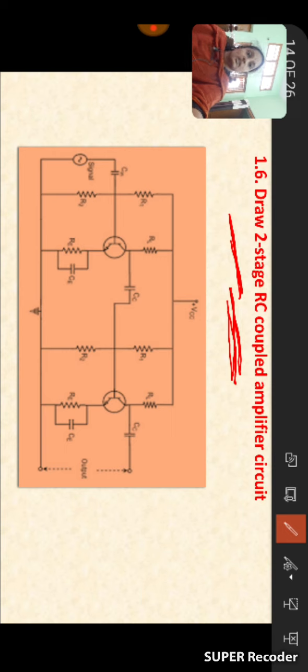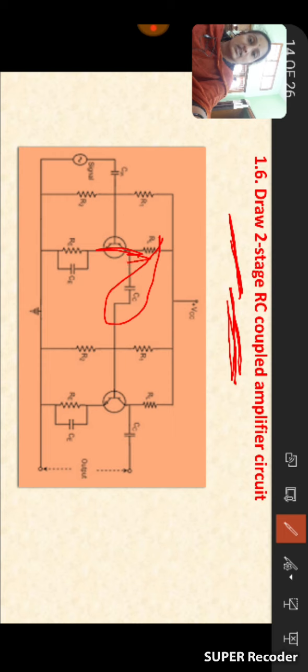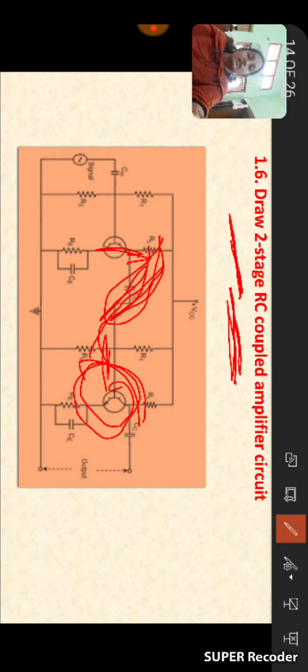Two stage RC coupled amplifier. Because of that, how many stages are there here? Two stages. And which coupling elements are used here? RC coupling elements. With the help of R and C elements, the output of one stage is connected to the input of the next stage.